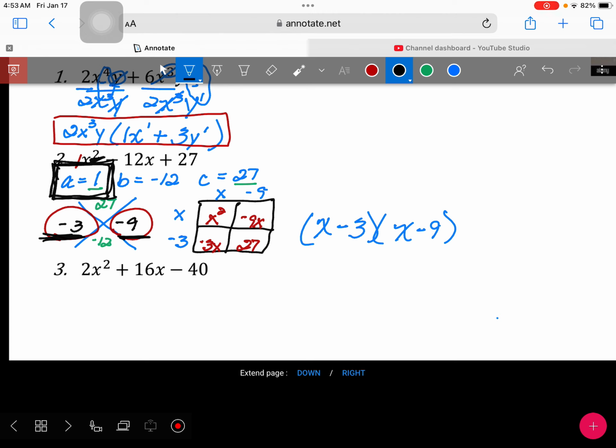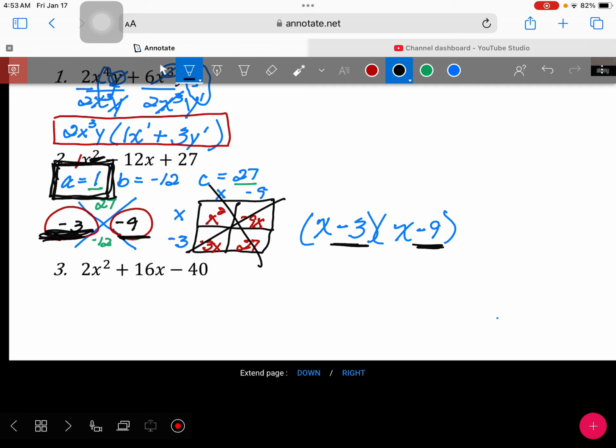Over here you will see x minus 3, which is the same, and x minus 9. So that is a bit of a shortcut, because then that takes out even having to do the box.